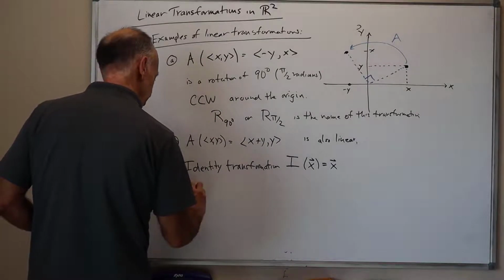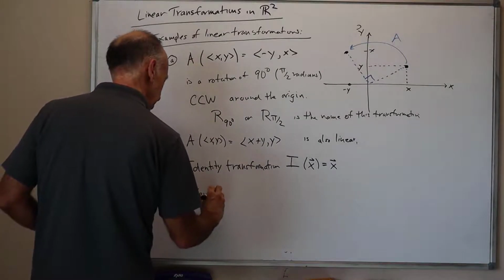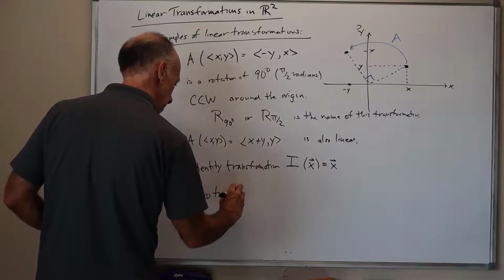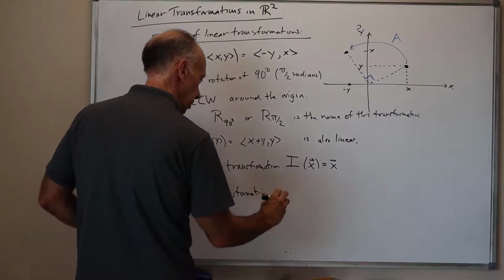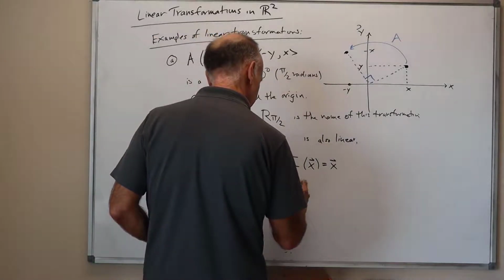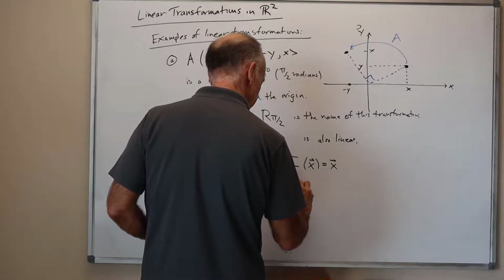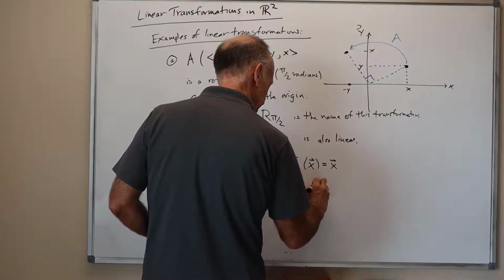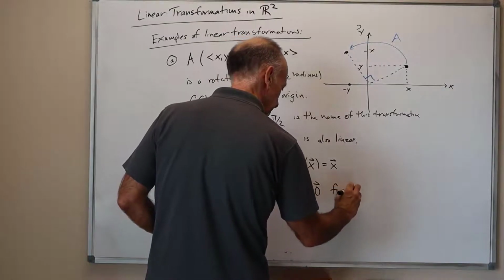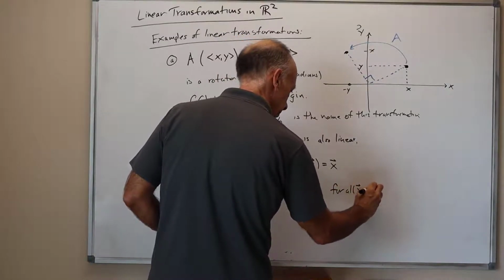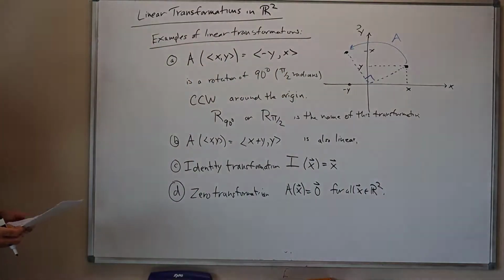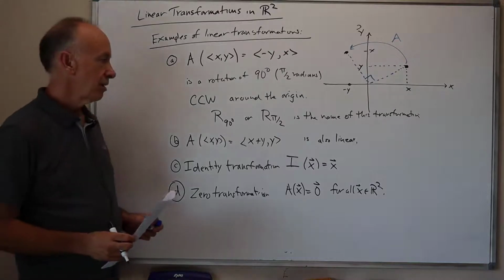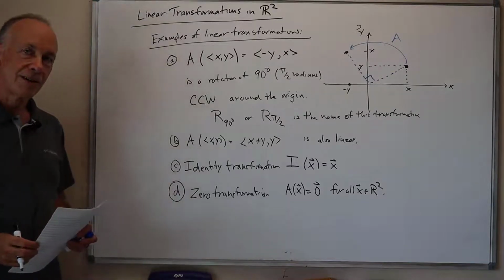And then also the zero transformation, which maps everything to zero. It would be just A of x equals 0 for all x in R2. Okay, good. So now next we're going to try some examples of things that are not linear.